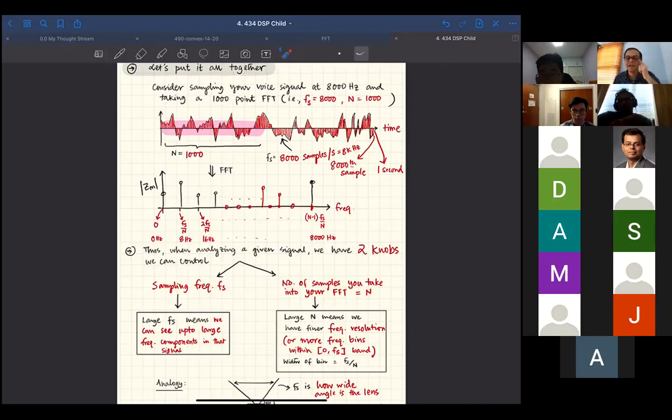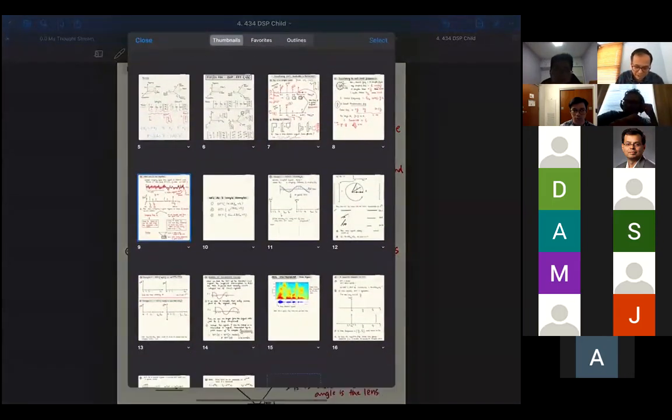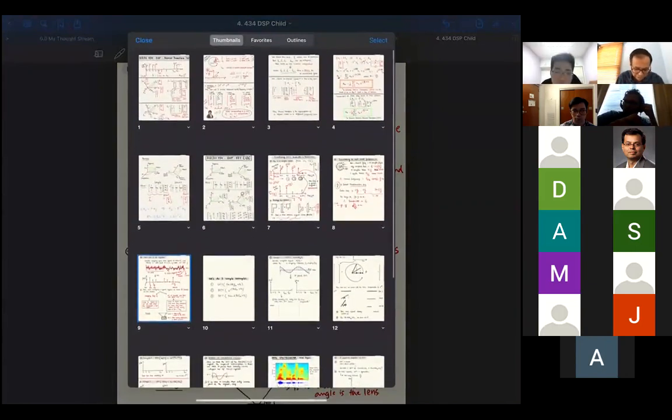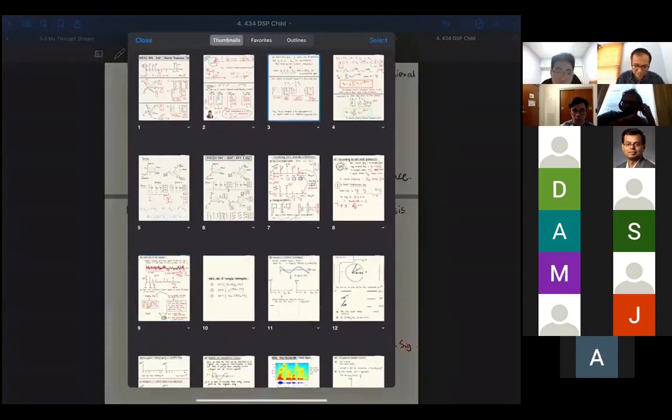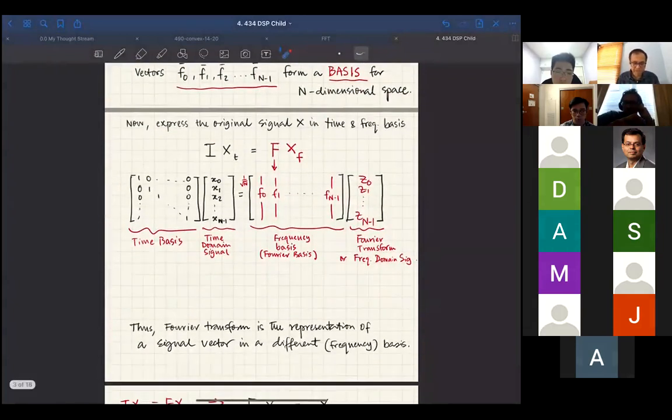This is where, Anirudh, I would want you to look at this picture and ponder a little bit more. Remember this one. Each of these is the frequency basis. There are n bases, n vectors in that basis. So yes, there are n vectors, but each of these vectors is not a sample.